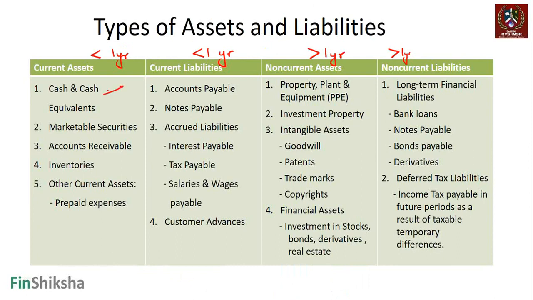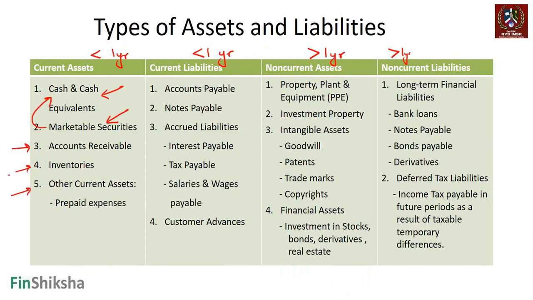Cash and cash equivalents are readily available as cash, so that's not a problem at all. That's an immediate current asset. Marketable securities are securities that can be quickly converted to cash. You can market it, you can sell it and convert it to cash, and that becomes your current asset. Accounts receivable, money to be received from someone in lieu of sales, inventories, other current assets.